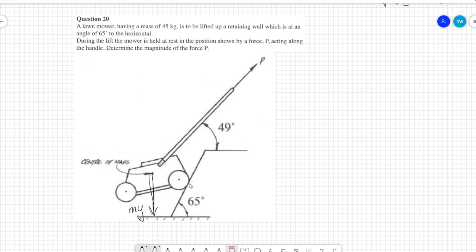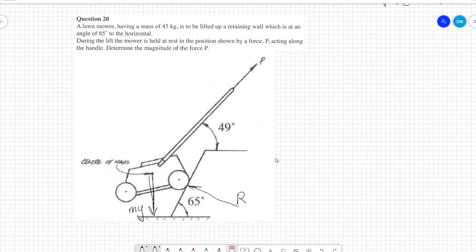So there should be a force like this, which is perpendicular to the slope itself. Let's just call it R for normal reaction. And of course, we have a force P. So there are the three main forces being applied on this mower.